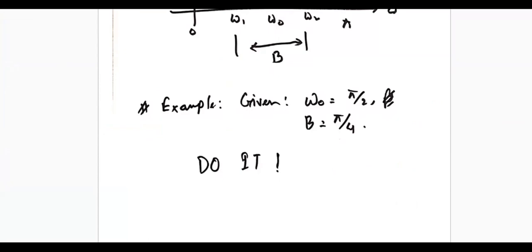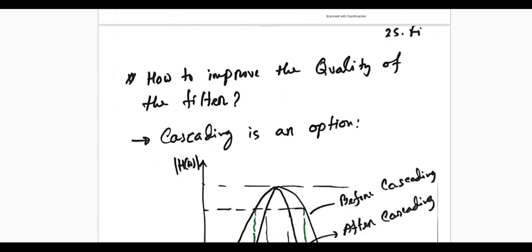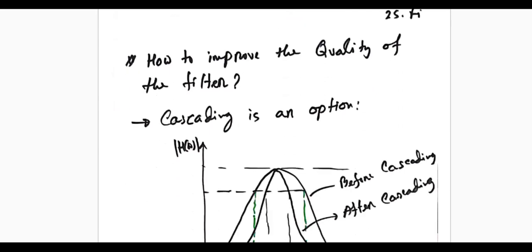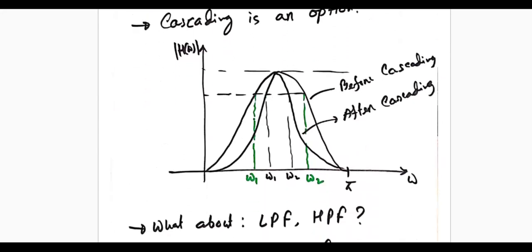Okay. Moving to the next section, we can discuss how to improve the quality of the filter. We have discussed a little bit before. In case of FIR filter, how to do that, and that is by cascading. And we have also mentioned that in case of low pass, high pass, and band pass filter, the cascading will work.